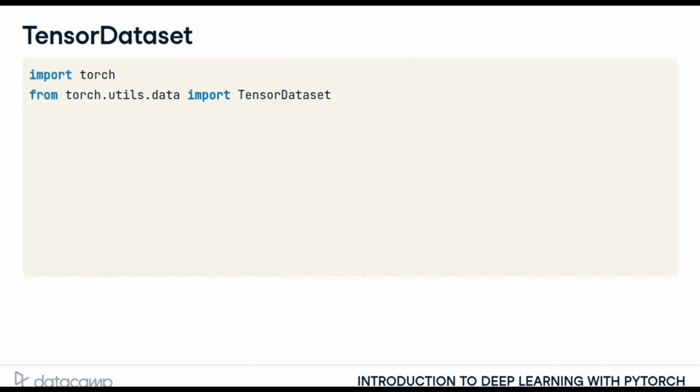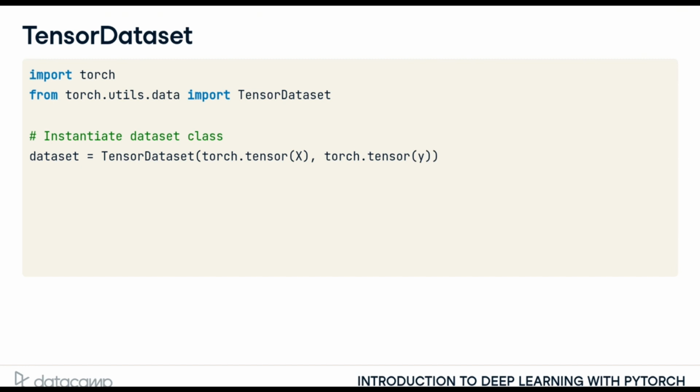We'll use TensorDataset to prepare data for PyTorch models. We first import torch and TensorDataset from torch.utils.data. This allows us to store our features X and target labels Y as tensors, making them easy to manage.